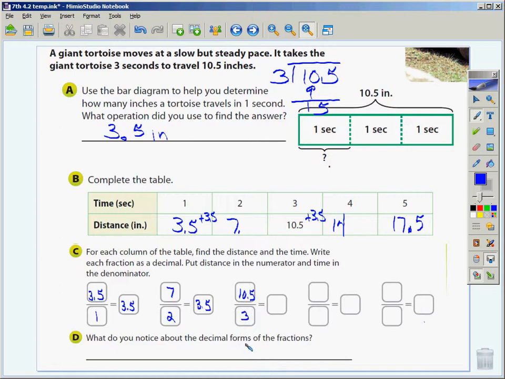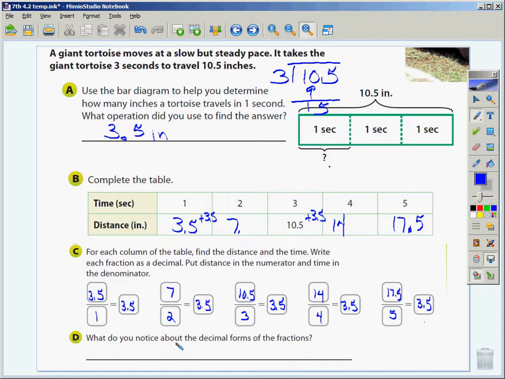The time was 3. 10.5 divided by 3 is 3.5. 14 divided by 4 is 3.5. 17.5 divided by 5 is 3.5. What do you notice about the decimals of the fractions?